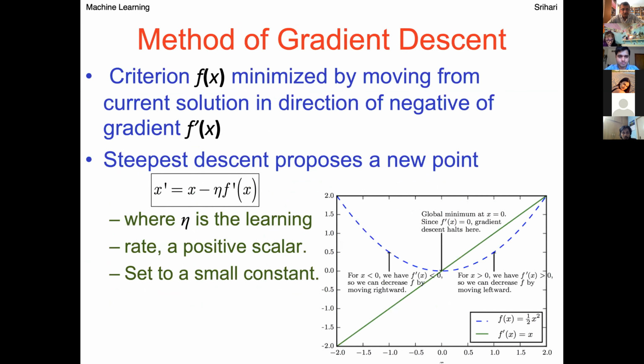Which is why we use the method of gradient descent. The criterion f(x) is minimized by moving from the current solution in the direction of the negative of the gradient, steepest descent. So you have a new value for the weights by taking the old value and the derivative of the loss function.